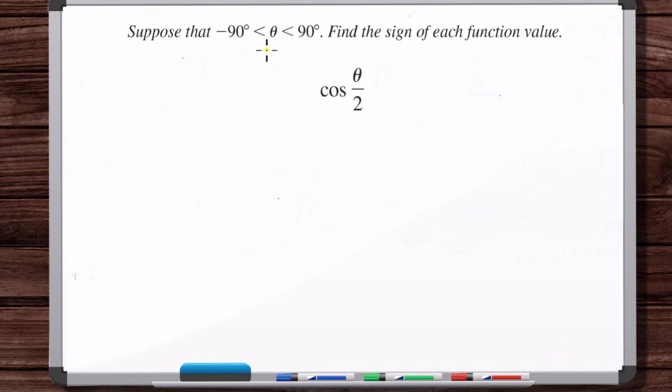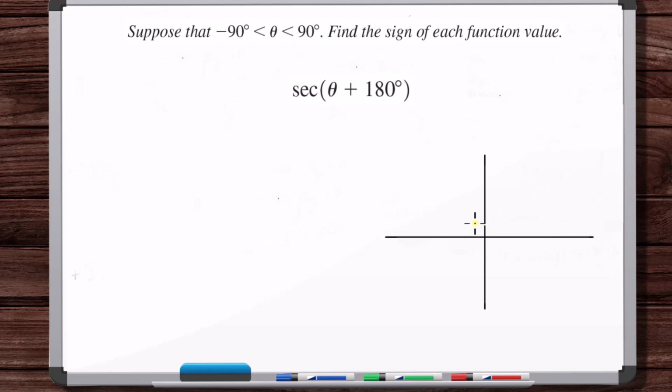Okay, suppose that theta is between minus 90 and 90. Find the sign of each value. From minus 90 to 90 is going to be the first or the fourth quadrant. The x value is positive. That has to do with cosine. This is always going to be positive. Okay, theta plus 180.